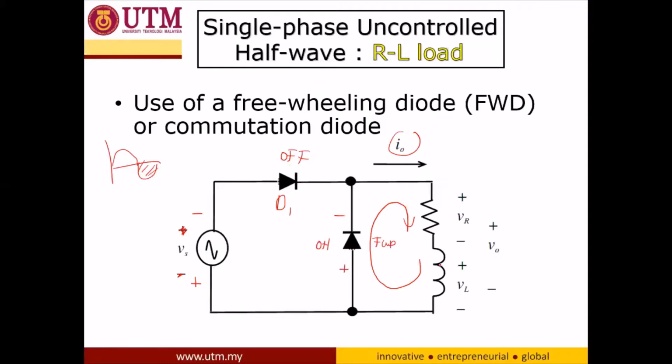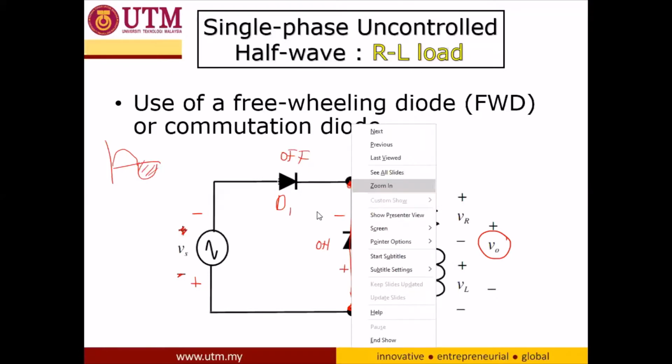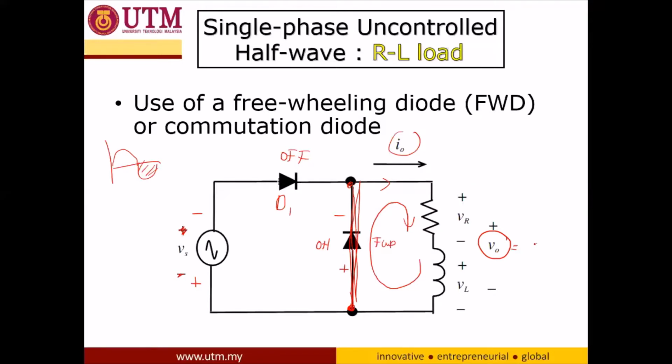The energy stored in the inductor will discharge through this freewheeling diode, and IO is still flowing. The output voltage during the freewheeling diode's conduction is similar to the voltage across this diode. When turned on with ideal characteristics, it has a forward voltage drop equal to zero, so that's why we have zero output.